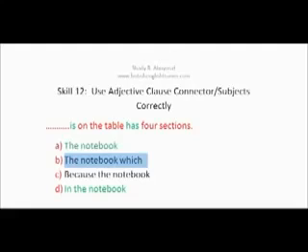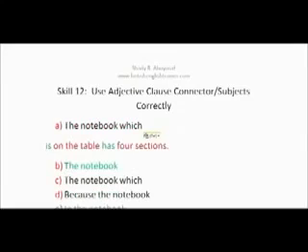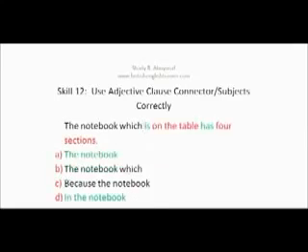The notebook which is on the table has 4 sections. Let me show you that. Let's write it and read it together. The notebook which is on the table has 4 sections.